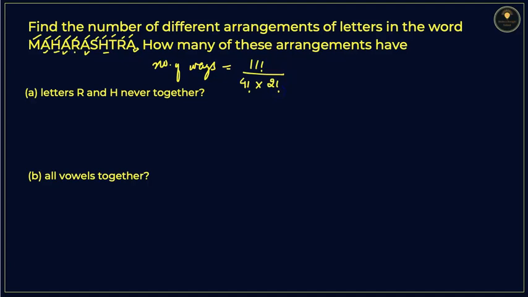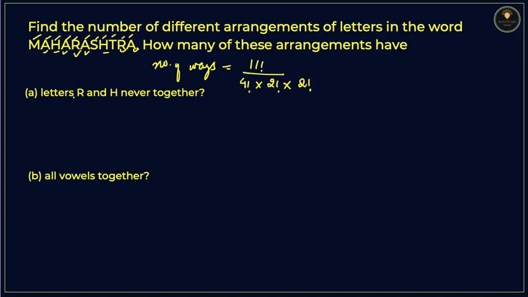And at last we have two R's, so we divide by 2 factorial also. So the value is 11 factorial by 4 factorial into 2 factorial into 2 factorial. This is the answer you get when there is no condition.